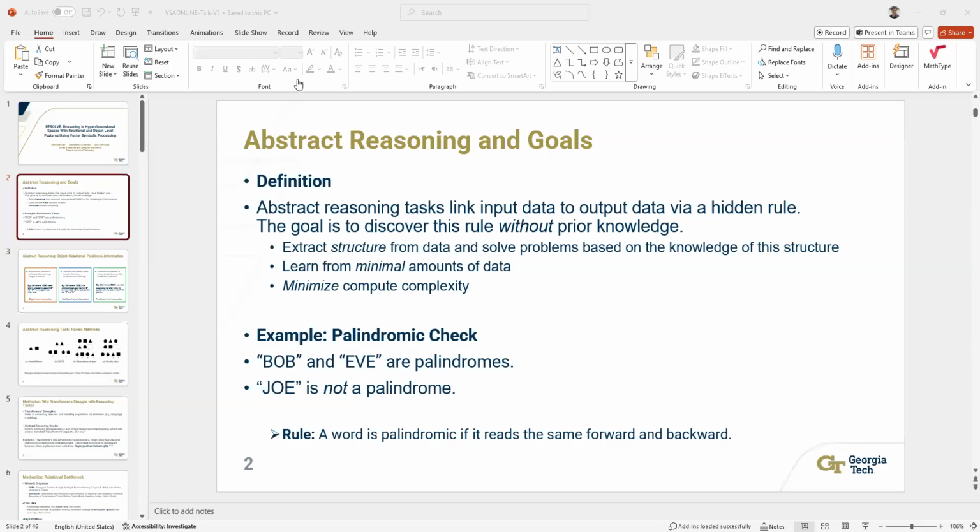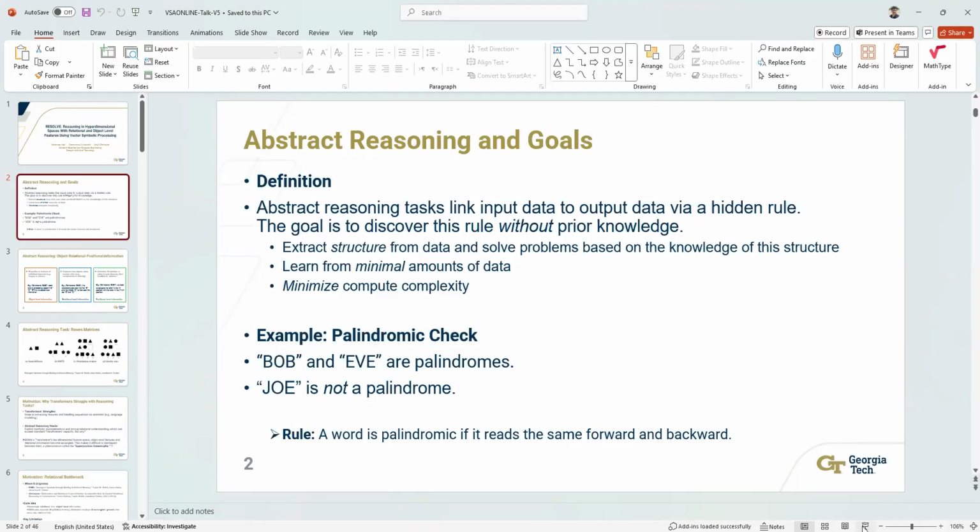Before we jump into details, just some high-level vision of the problem that we're trying to solve. What we want to do is some, what we call, reasoning tasks, and see if we can reason using vector symbolic architectures. The specific problems that we're looking at deal with abstract reasoning tasks that link input data to output data through a hidden rule.